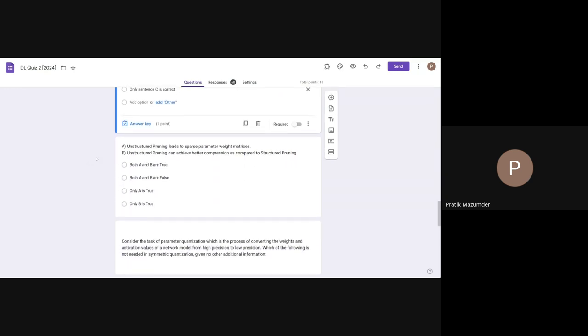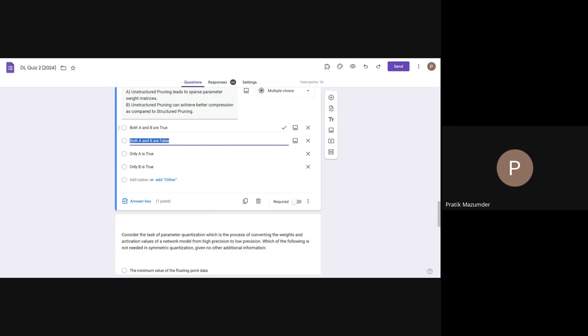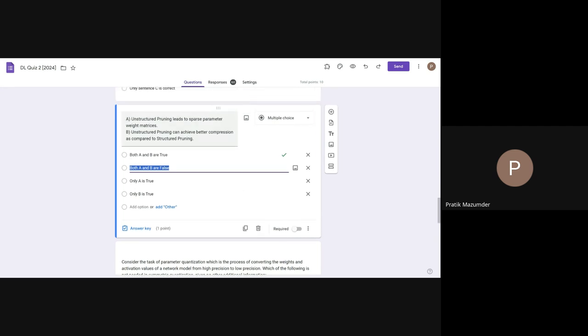Now, for the next question: unstructured pruning leads to sparse parameter weight matrices, and unstructured pruning can achieve better compression as compared to structured. Both of these items are true, because unstructured pruning will remove any weights depending on the magnitude, regardless of whether it follows some structure, removing one particular neuron or one particular filter at a time.